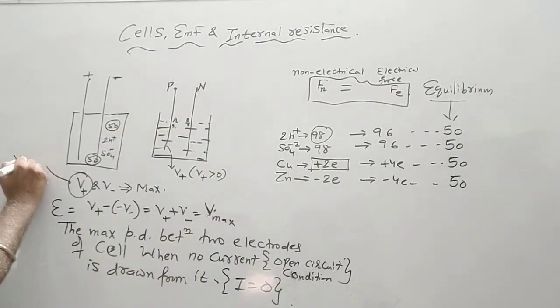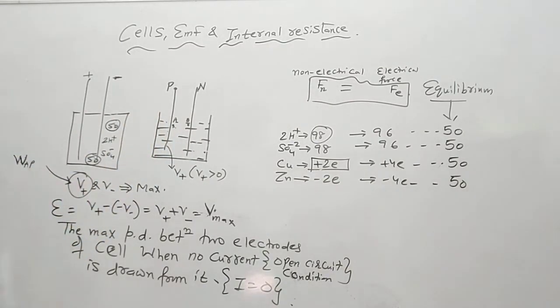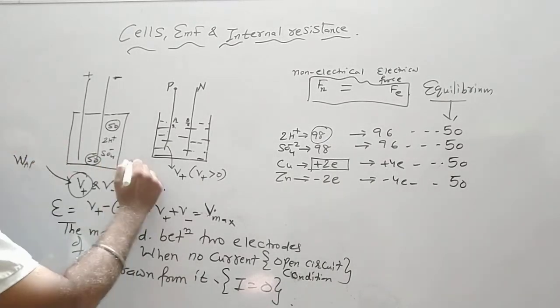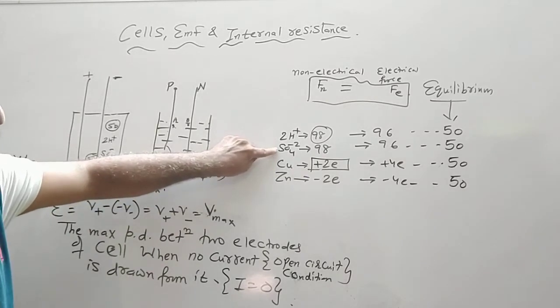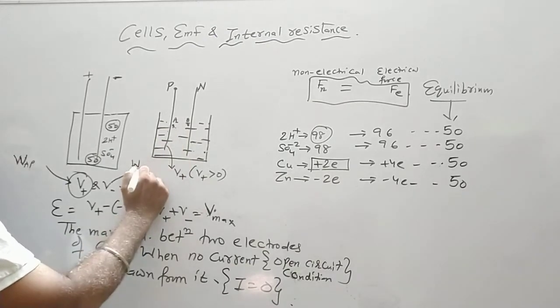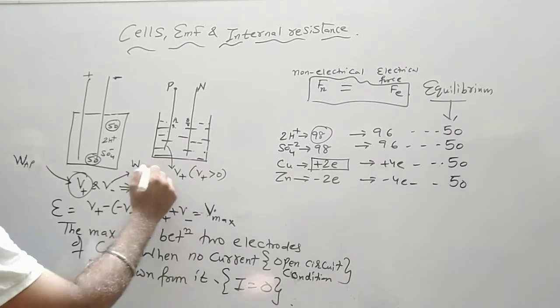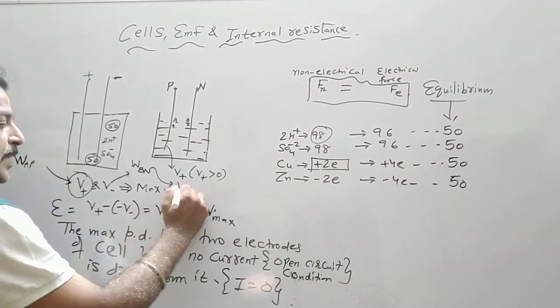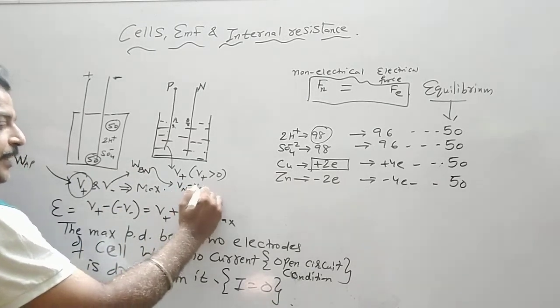So this work done to move an H plus ion from point A to P is referred to as V plus inside the book. This V minus is referred to as the work done by the non-electrical force to move an SO4 minus 2 ion from point B to N. And this should be written as Vn minus Vb.